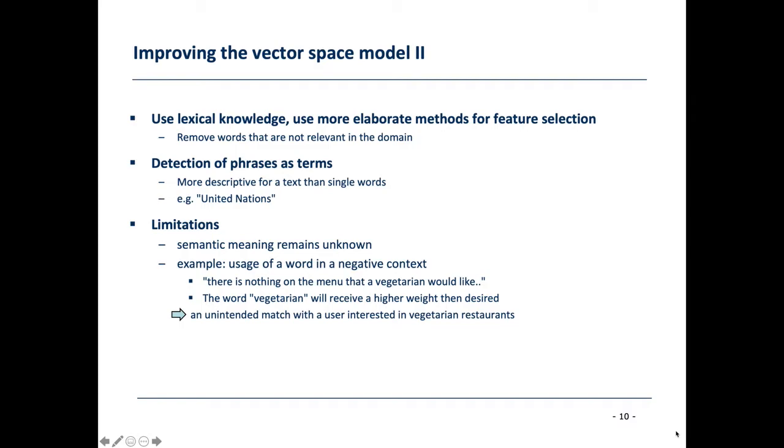So you can see here that the example is the word vegetarian and not: there is nothing on the menu that the vegetarian would like. Here we're trying to imply that the restaurant for which this review was created would not be something that a vegetarian would like. And that's a very difficult thing to extract from that phrase, but you and I as human beings are totally capable of doing so.